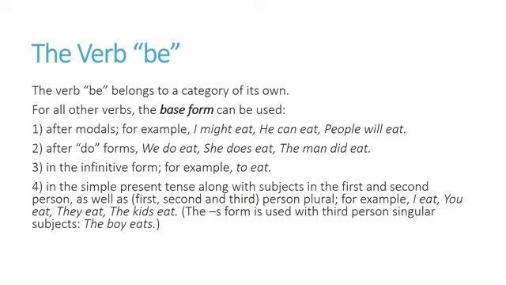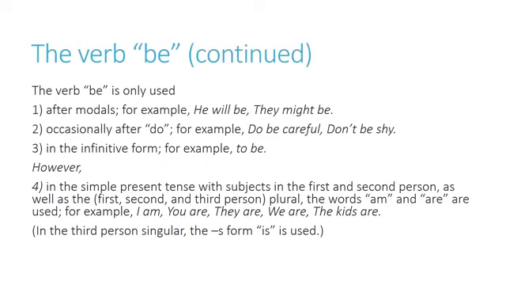However, the verb be is only used in these conditions. Number one, after modals. For example, he will be, they might be. Occasionally, it's used after do. For example, do be careful, don't be shy. And third, in the infinitive form, for example, to be.